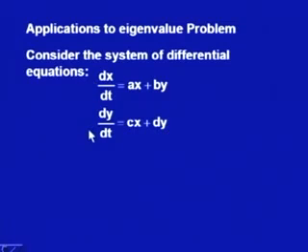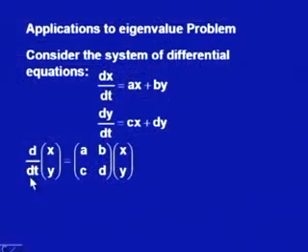So, here we have two differential equations which are of first order. They are coupled because the first equation involves x as well as y, and the second equation in y also involves the variable x. So, we have a system of coupled first order differential equations.